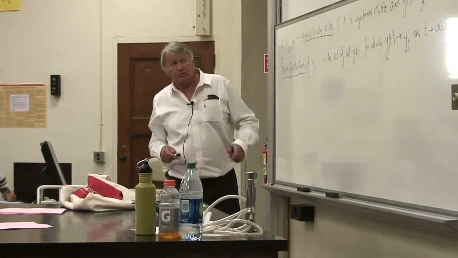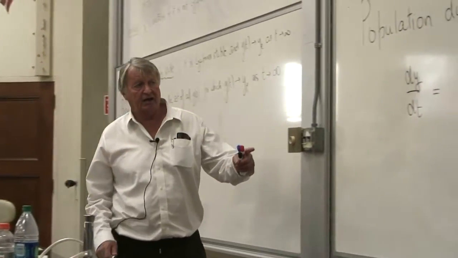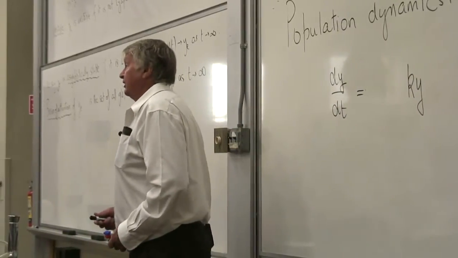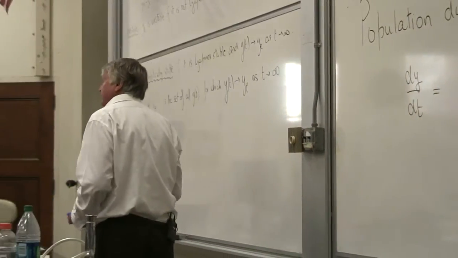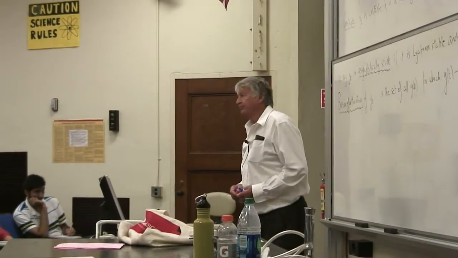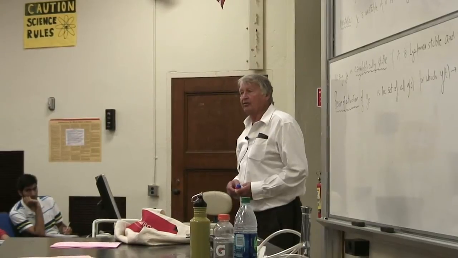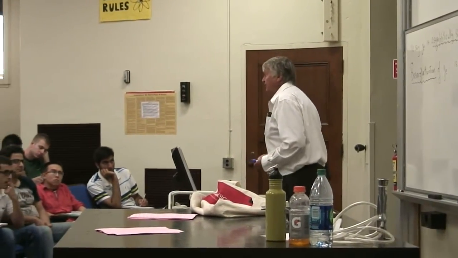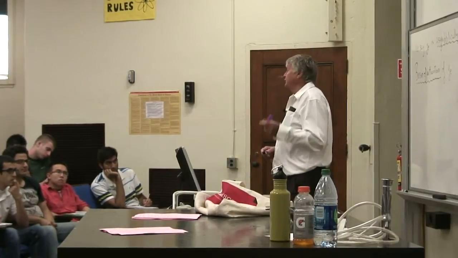This law was proposed for the first time in 1798 by a philosopher, economist, scientist, a man called Malthus. If you look up Malthus on Google or Wikipedia, you can read a little bit about him. So it's called Malthus's Law.